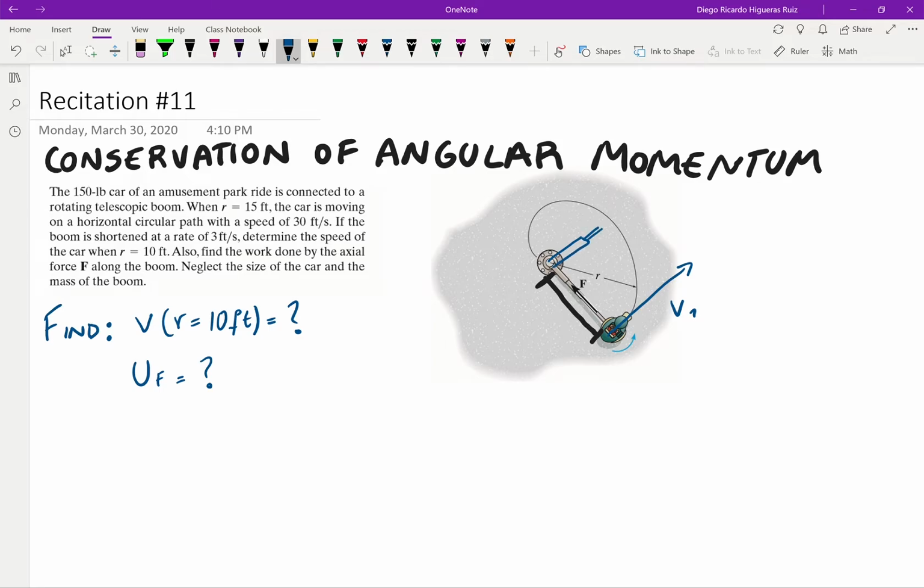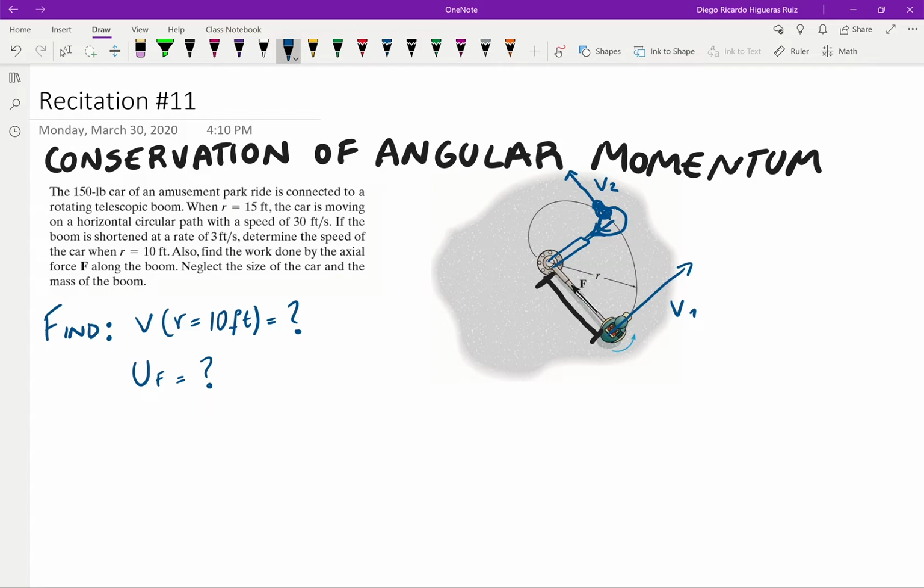And at this state, we are gonna have two velocities, okay? We are gonna have the tangential velocity v2 and this velocity right here of the boom getting shorter, and that's given as 3 feet per second.